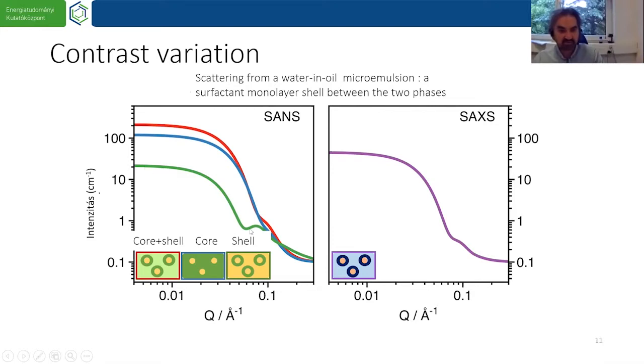However, this green line has a very well pronounced peak here and a very well pronounced minimum here. This is characteristic of a single shell particle, for the case when the density inside the particle and outside the particle are the same. There are such particles, for example protein shells, which are just shells, with water outside and water inside. We shall see such a system in the last session.